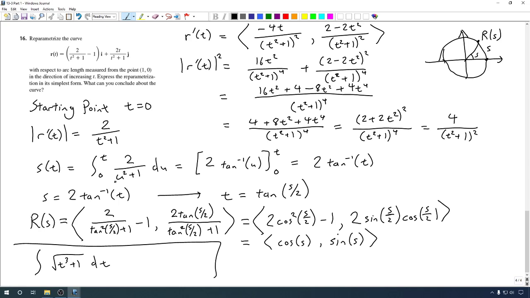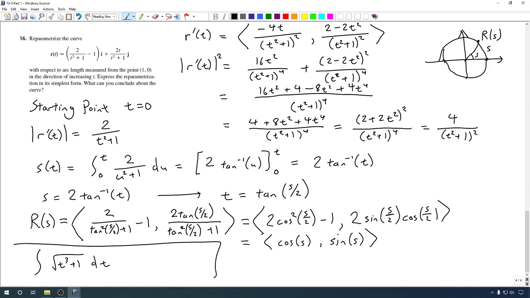And even if we can take the integral, there's no guarantee that this formula, s equals whatever this integral is, is easy to solve, or even really possible to solve without some really big leaps in logic. So there's a lot of steps here that could have been a lot worse than they turned out to be. So in general, we're not going to try to find these arc length parameterizations.